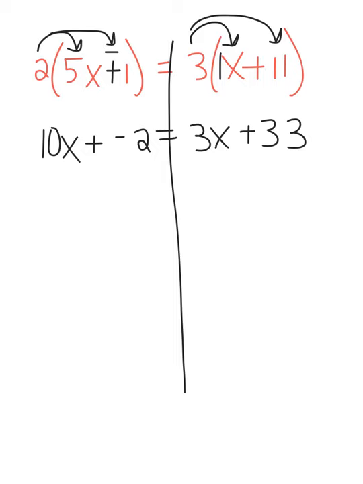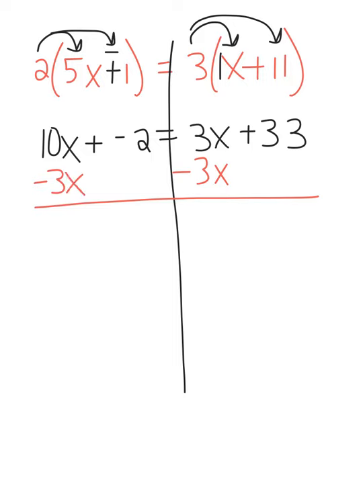And now, do you have like terms on the left? No. Do we have like terms on the right? No. So we need to start to move. And the first thing I like to get together are my x's, or my variables. So I'm going to choose to move the 3x, it's a positive. The inverse, taking the entire term, would be to subtract 3x.